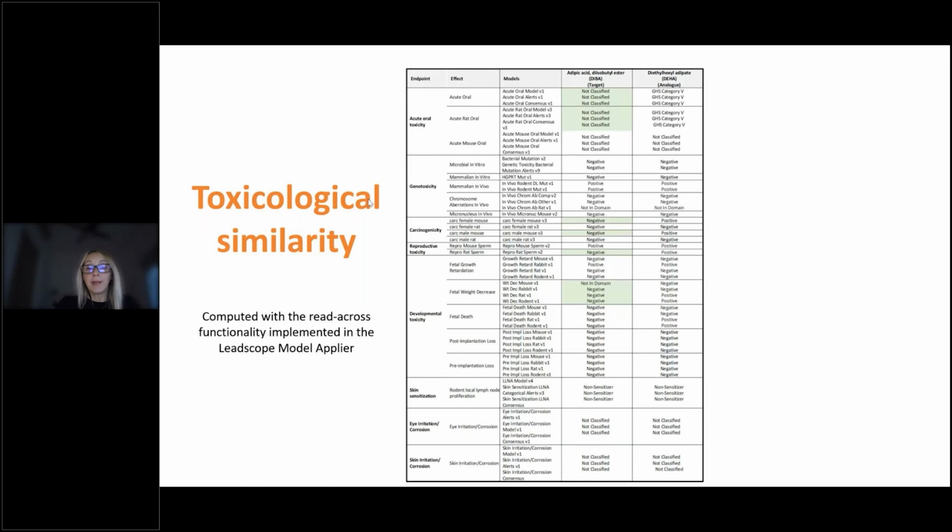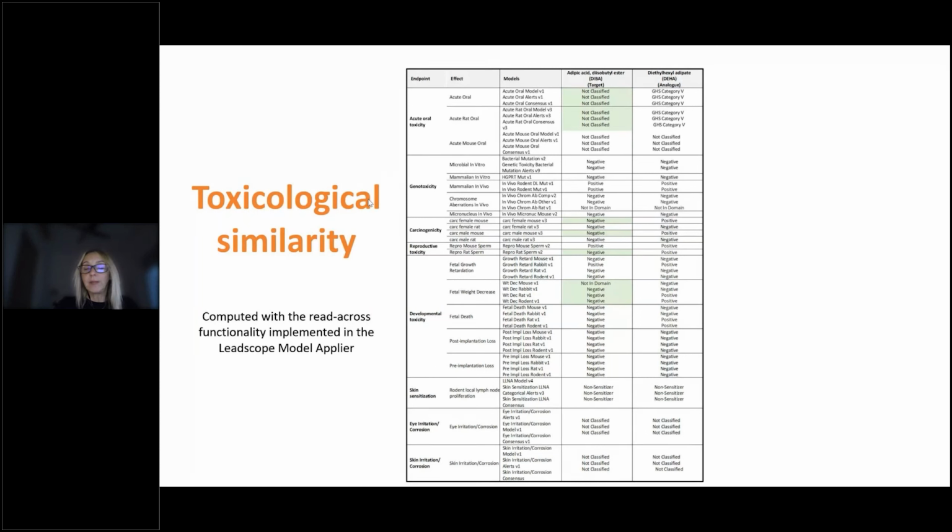Since the target, as we commented before, is a data-poor chemical, the analysis of the toxicological similarity of the analog with respect to the one of the target is often performed by comparing the predicted toxicity profile rather than the experimental one. So it means that the prediction of the toxicity profile is used in this case to justify the suitability of a given analog in the context of a specific read-across.